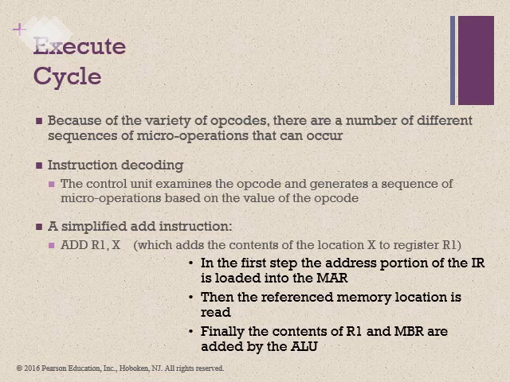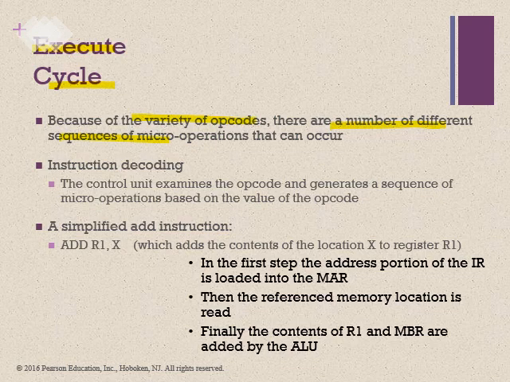This is not the case for the execute cycle, because to execute instructions, there are so many of them. The CPU can do add, move, jump, store, load, loop, and so much more. And because of this variety of opcodes, there will be a number of different sequences. Different opcodes will have different sequences of micro operations.